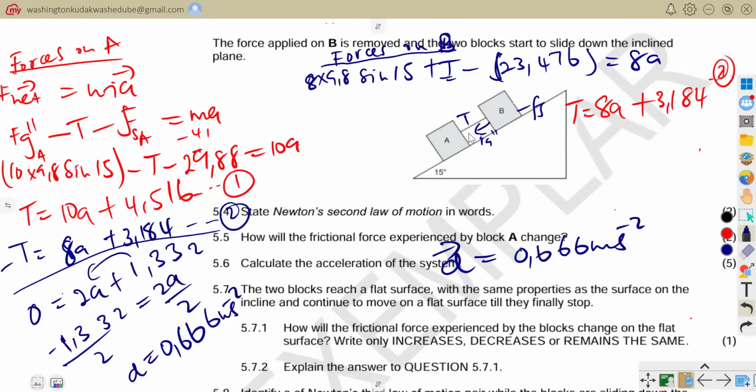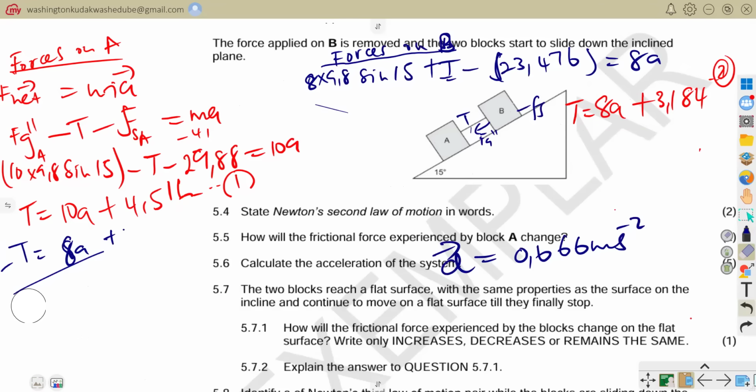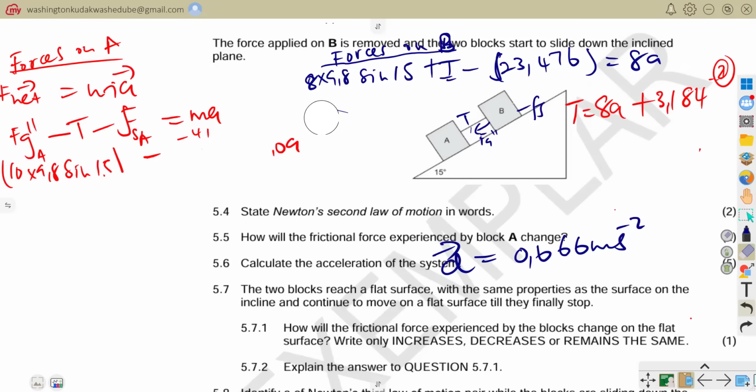You look at the forces that are acting on A and apply F net equals ma. So you apply Newton's second law on A, and apply Newton's second law on B. Then combine by collecting like terms, since the tension is common in both A and B, and the acceleration is the same in A and B. And thereafter, you solve and calculate your acceleration.